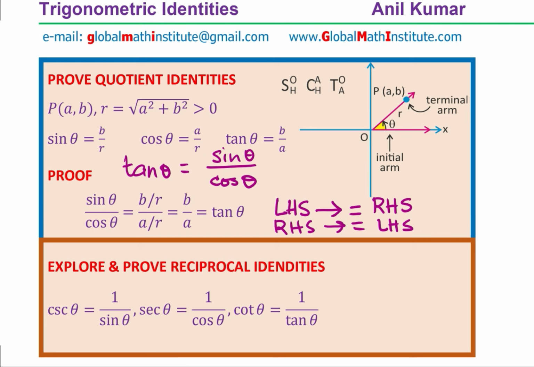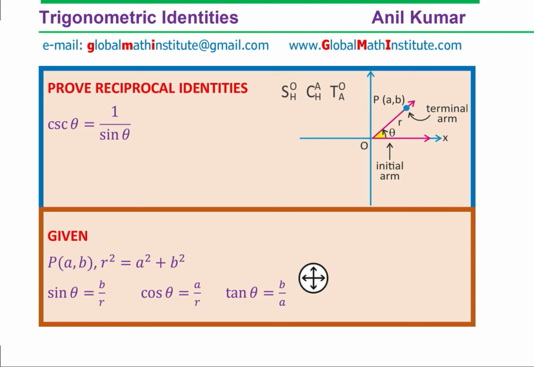Next, I'd like you to prove that cosecant theta is 1 over sin theta. To prove this, again, you can take this coordinate system, correct? I'm giving you a moment to just prove it. Cosecant theta is 1 over sin theta. You can use this point (A, B), which I am saying in general. We could also take any general point and call it (x, y), right?